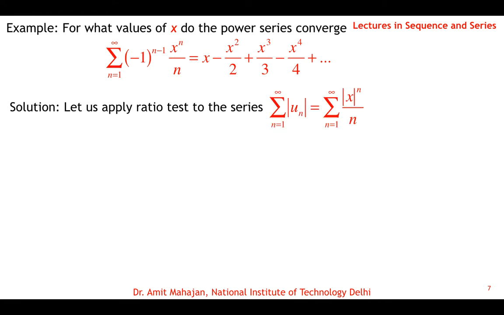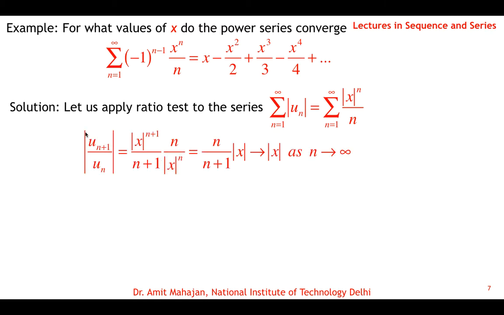For this case, let us apply the ratio test to the series of absolute values, which is this series of absolute x power n over n. To apply the ratio test, if this is your a_n, then you have to write a_(n+1) and calculate the ratio a_(n+1) by a_n and see what happens when n becomes large.